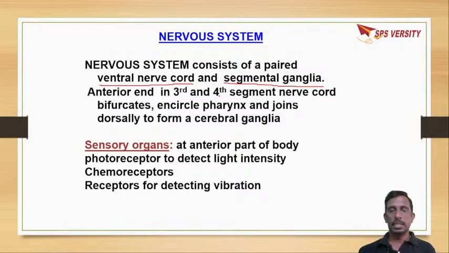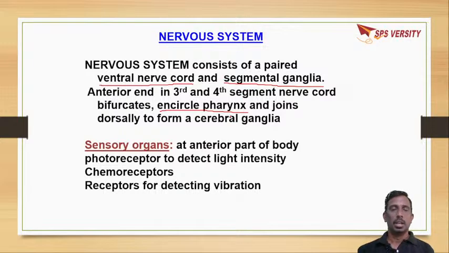At the anterior end, that is the third and fourth segment, there is a nerve cord which bifurcates and encircles the pharynx, which is called the nerve ring. There are suprapharyngeal and subpharyngeal ganglia which are connected.